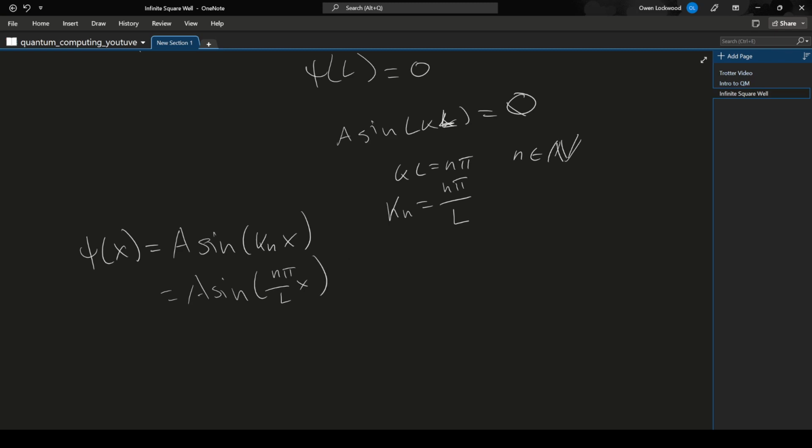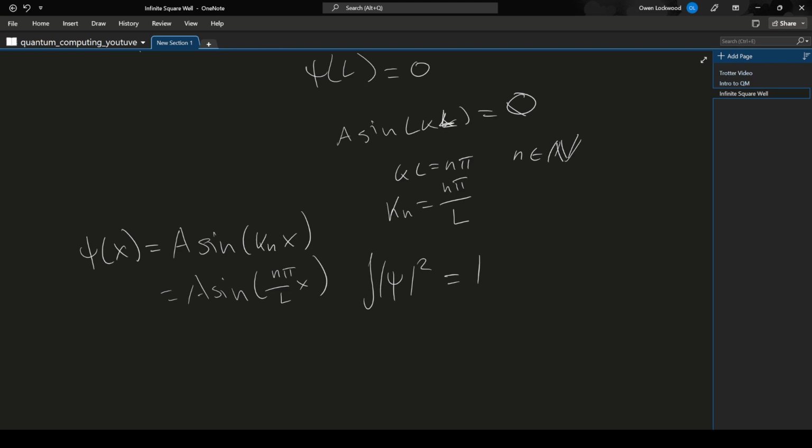This is our solution, but we have to know that the integral of this is equal to 1, which does not seem trivially true. If the integral from negative infinity to infinity of sine of n pi x over L, I mean, that doesn't seem trivially true, at least to me.